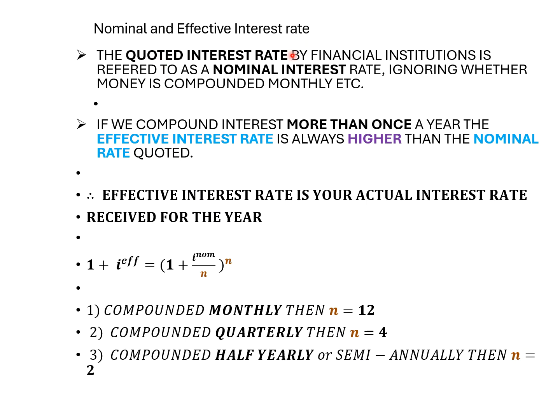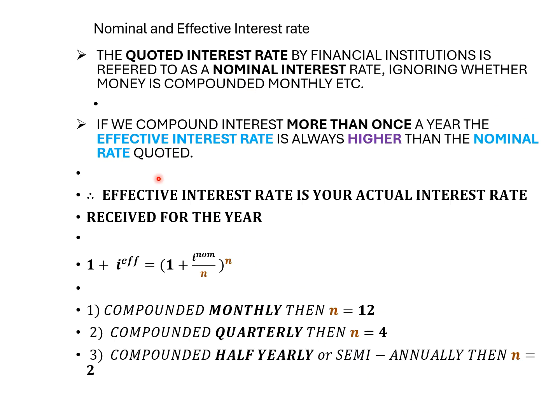Right, so in short, nominal and effective interest rate. The quoted interest rate given to you by your banks, your financial institutions, is referred to as a nominal interest rate. And we ignore whether you are getting interest once only or many times in 1 year, whether it's compounded monthly, quarterly, half yearly, etc. Now, if the interest is compounded more than once, we are dealing technically with the effective interest rate, which is always higher than the nominal rate.